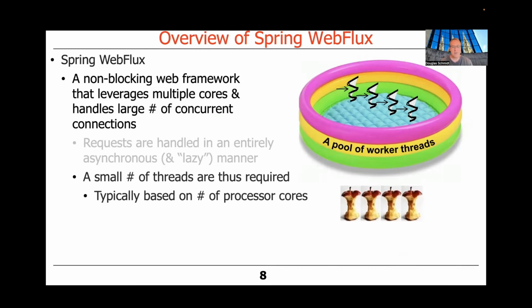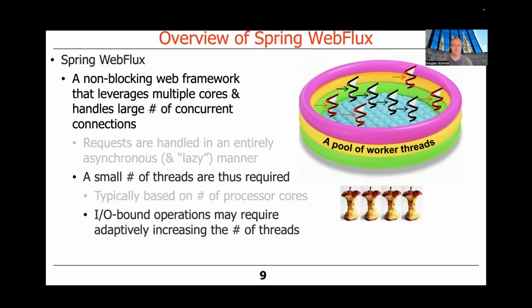Typically, the number of threads that you need is on the order of the number of processor cores, plus or minus some small amount in either direction. In contrast to Spring Web MVC, where you needed a thread per request and, if you had a lot of requests, you'd quickly run out of cores to handle those threads, we can keep a much, much smaller number of threads.